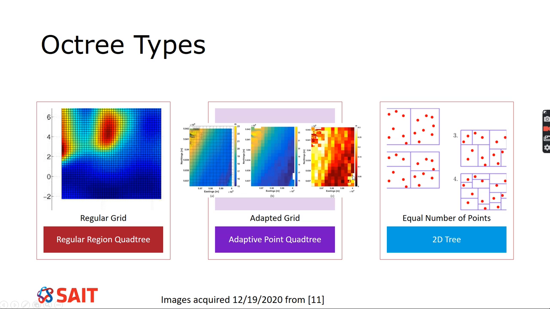You can see how in certain areas as things change, we show more pixels and there's a higher rendering, or a higher density of information, in those areas. Then the 2D tree separates up everything into an equal number of points, so you can see how the grid changes in size and shape.